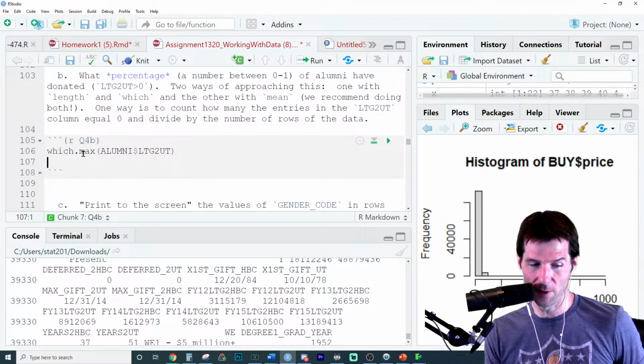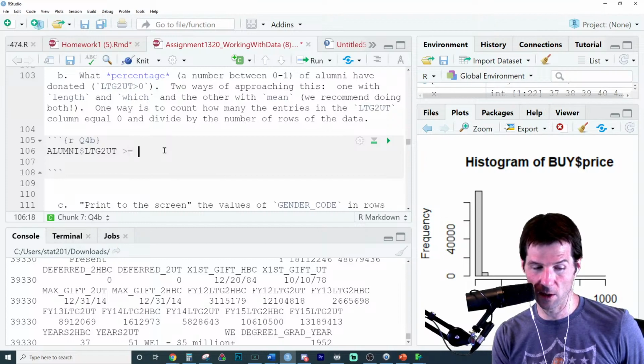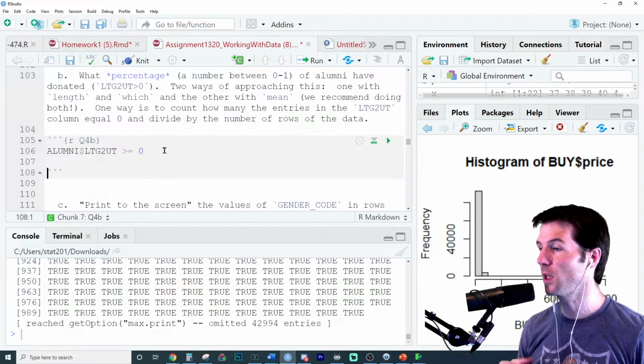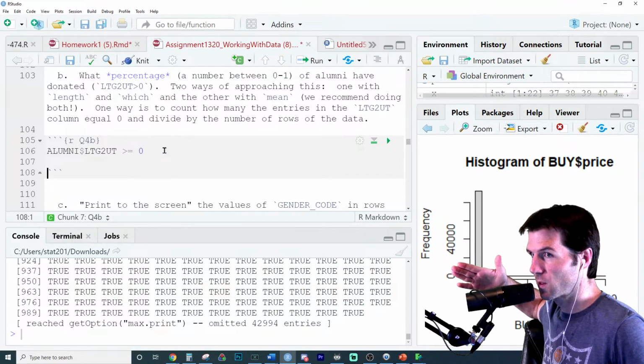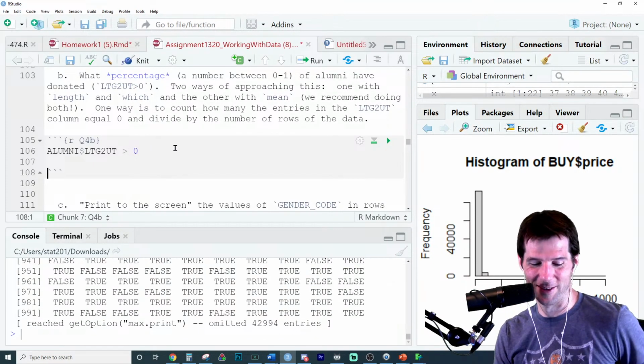And so now, how about we go here and we see if somebody's lifetime gift to UT is greater than or equal to 0. I just want you to think, what am I finding right here?